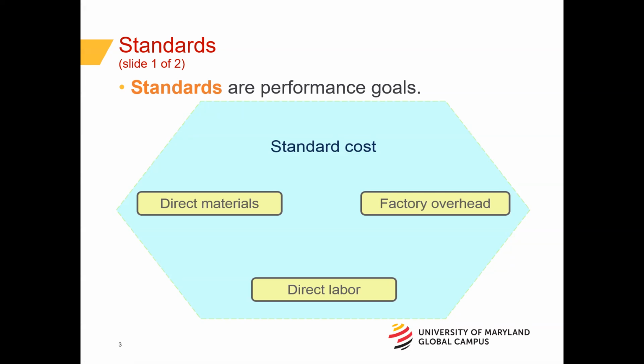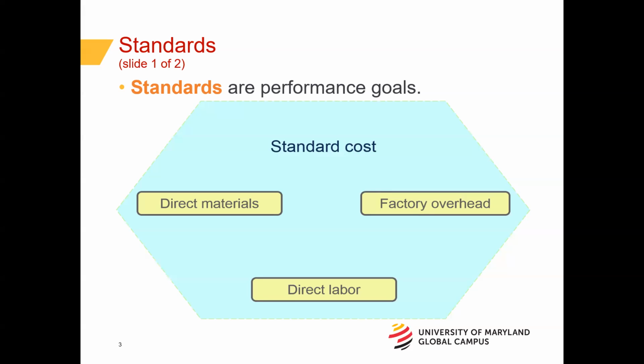Direct materials, direct labor, and factory overhead are considered to be standard costs because they are costs that we incur standardly, if you will. We incur them on a regular basis, and we can set budgets, which we learned about last week.